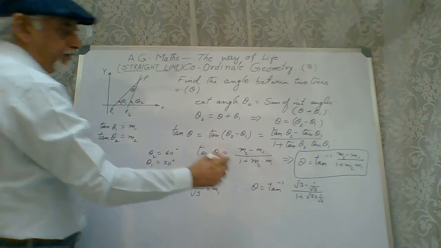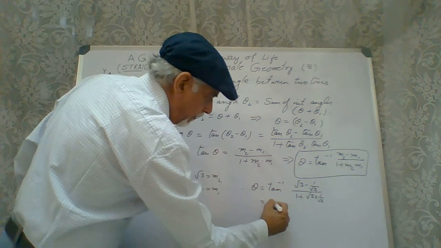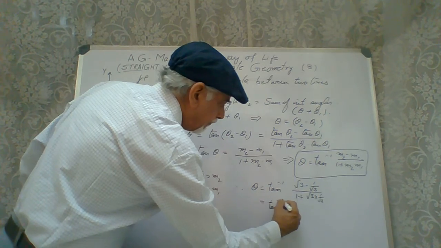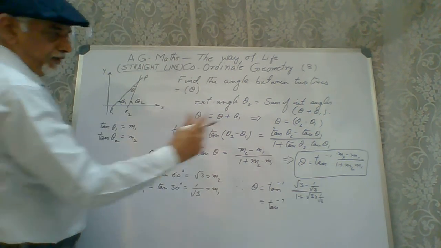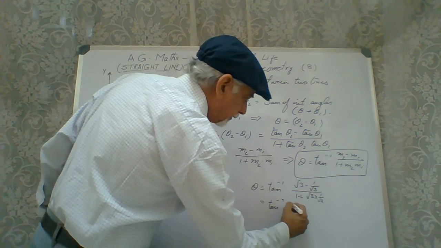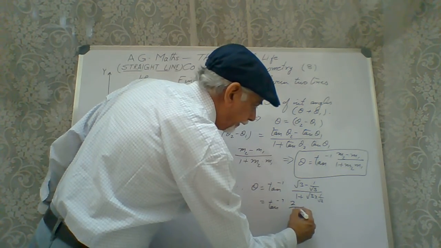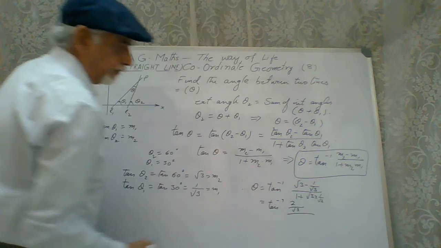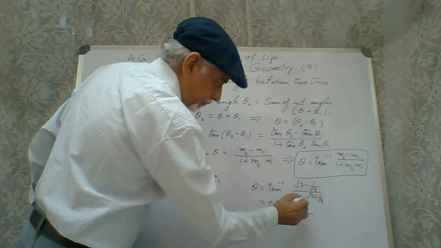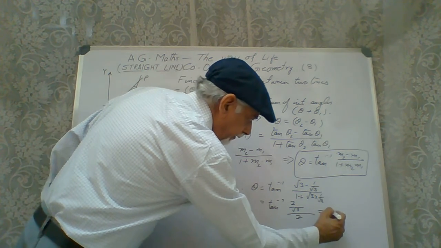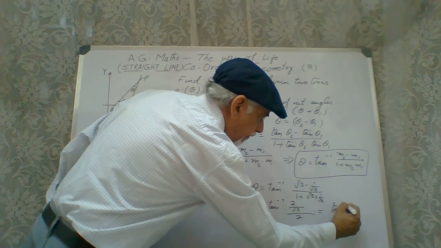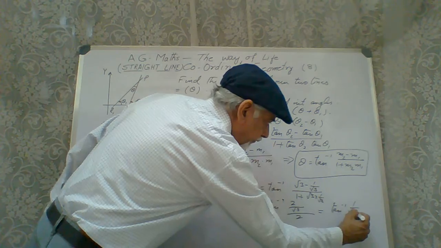When you simplify, what happens? Tan inverse of root 3 into root 3 is 3, minus 1 is 2. So this is 2 over root 3, and here also it is 1 plus 1, which is 2, so root 3 remains. When you simplify, you get tan inverse of 1 by root 3.